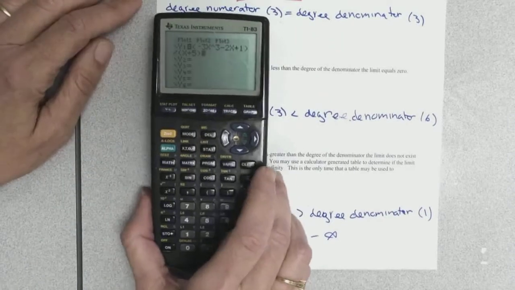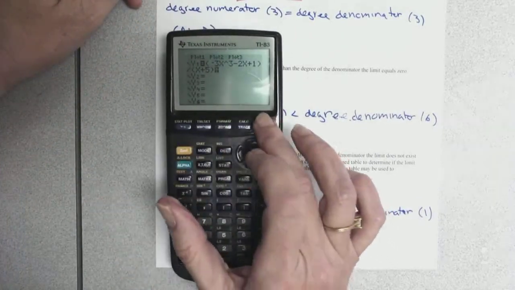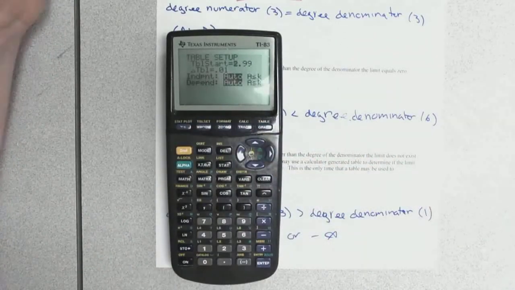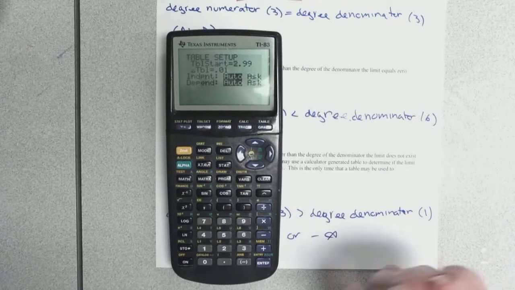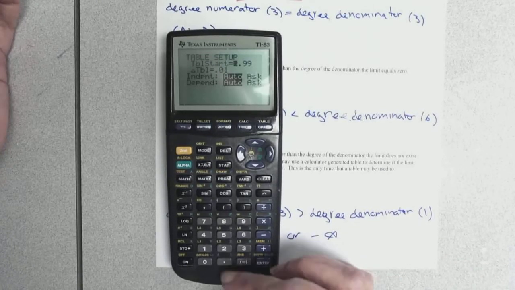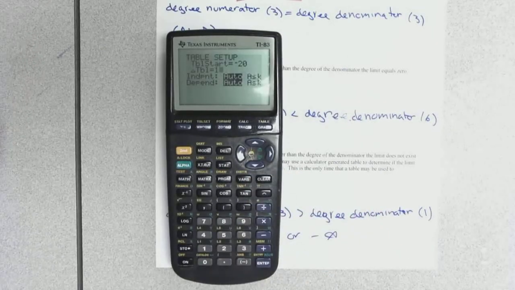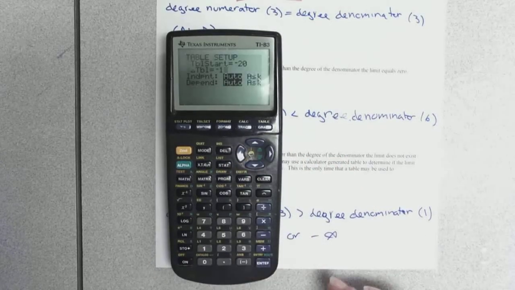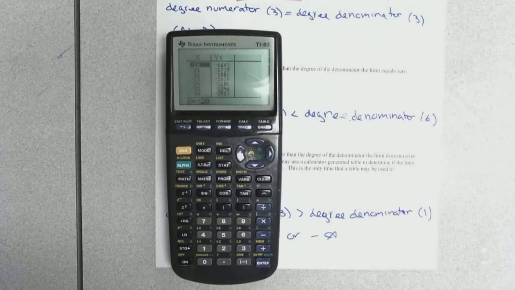Okay, so I've put my function into the y equals, and now I'm going to do table set, second table. Now, infinity is way up there, or negative infinity is way up there, but I don't think I need to go terribly far. So let's just start at maybe negative 20 and count by ones. Actually, let me see if it'll let me count by negative 1, so it's getting smaller. And second and table.